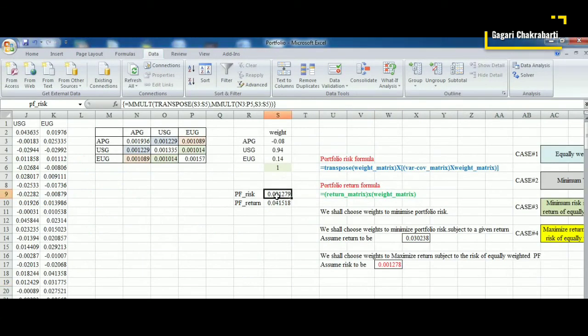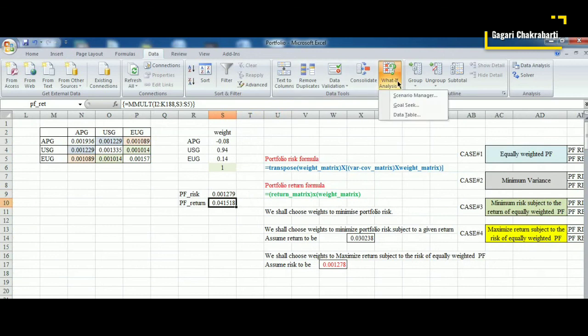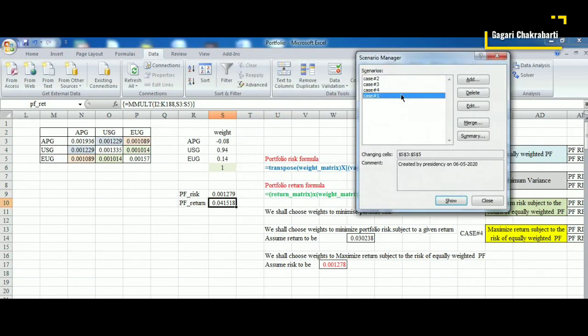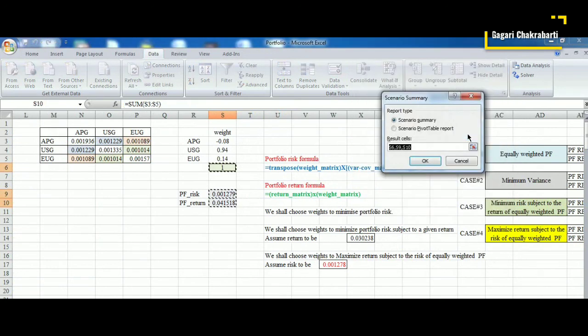We shall change the names of these target cells into portfolio risk and portfolio return, because that will help us in interpreting the scenario summary. And these two are the target cells, so we should have the formula here. Now we go back to the scenario manager and go for the scenario summary.